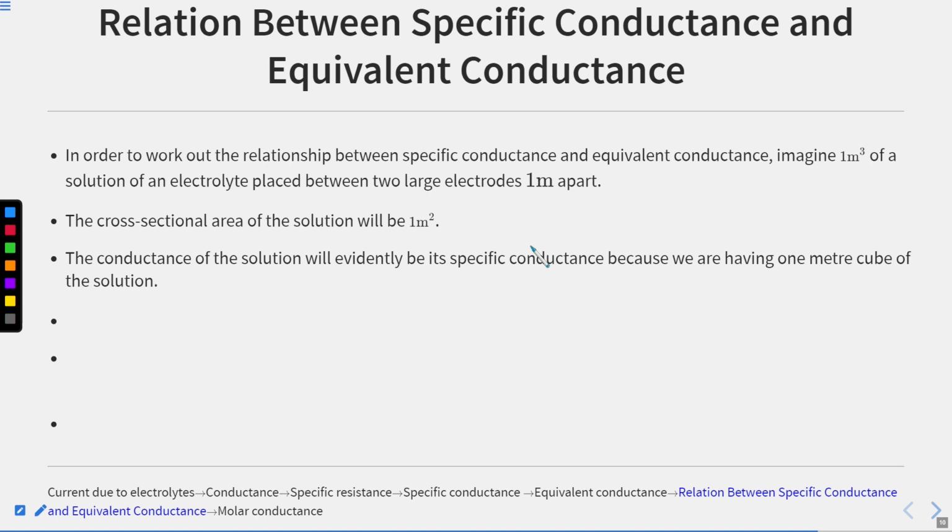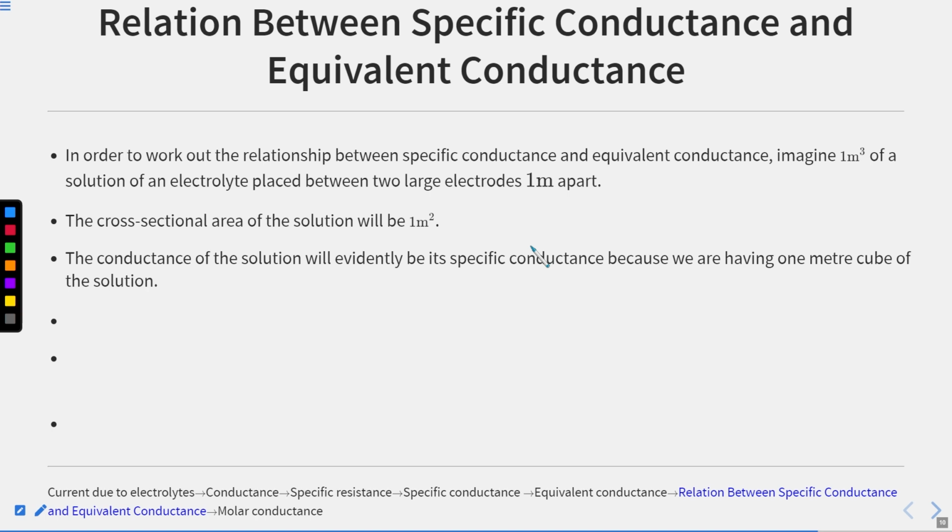Here the same thing is followed. Since we have a distance of 1 meter and the volume is 1 meter cube, the cross-section will be 1 meter square, and hence the conductance offered by that solution will be our specific conductance. So this is our first barrier that we are putting, and getting one definition.